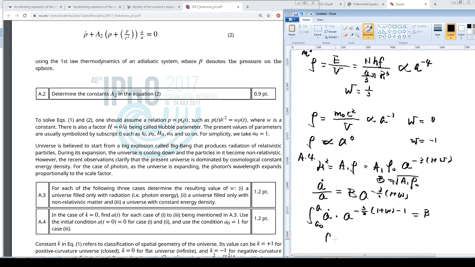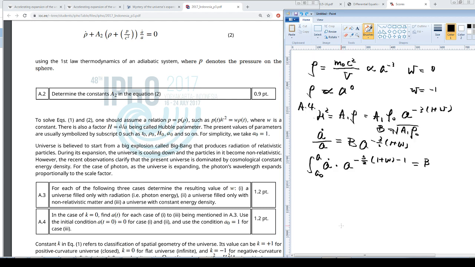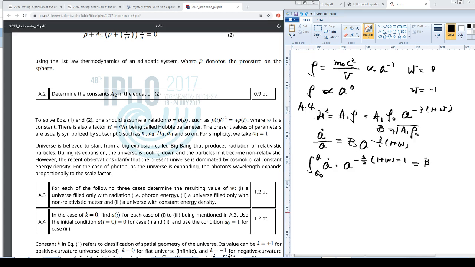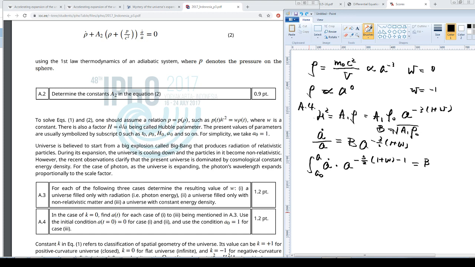Pretty messy expression here. You have to use the condition a0 equals 1 though. Okay, maybe it's better not to be too general at this point.